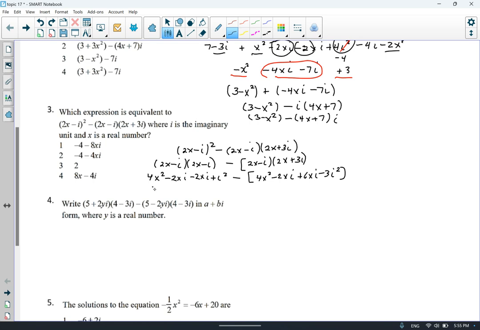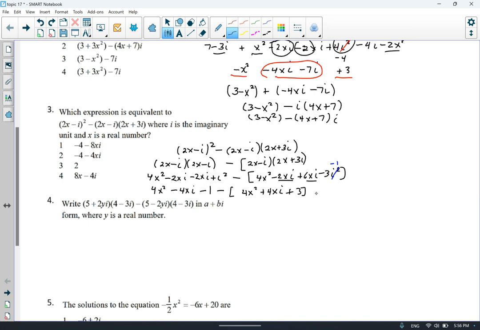Okay, this becomes 4x squared minus 4xi, and I squared we know is negative 1, minus, let's simplify the inside of this first, 4x squared plus 4xi, right? We combine these two. And again, I squared is equal to negative 1, and then we multiply the negative 3 and the negative 1 together to get plus 3.